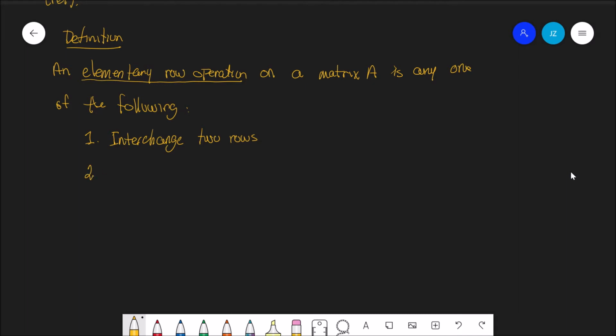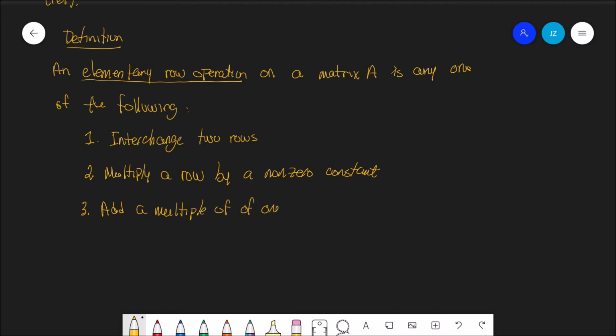Type 2 is to multiply a row by a non-zero constant. And type 3 is to add a multiple of a row to another one. These are the three types of elementary row operations.